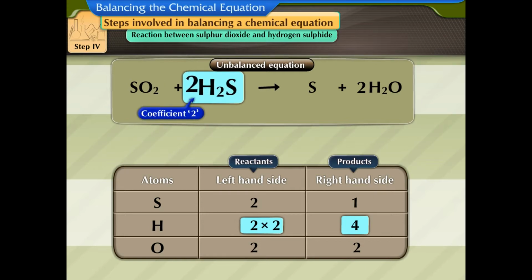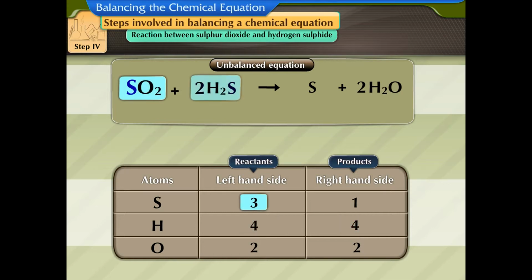Put the coefficient 2 for H2S molecule in the reactant side to balance the hydrogen atoms. Now, the equation can be represented as SO2 plus 2H2S gives S plus 2H2O. There are 4 hydrogen atoms on either side of the equation. There are 3 atoms of sulfur on the reactant side and 1 on the product side.